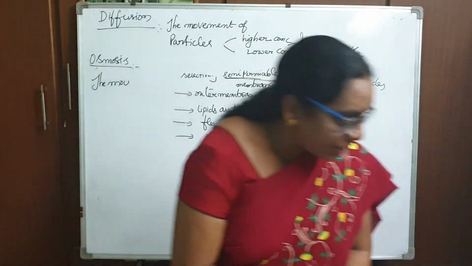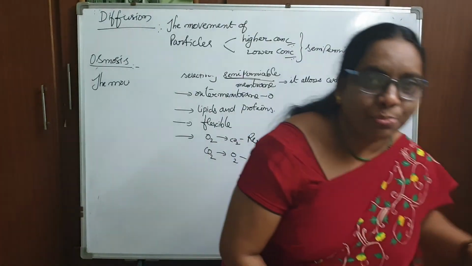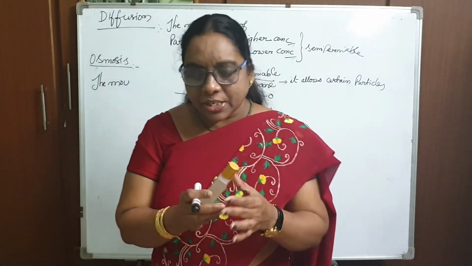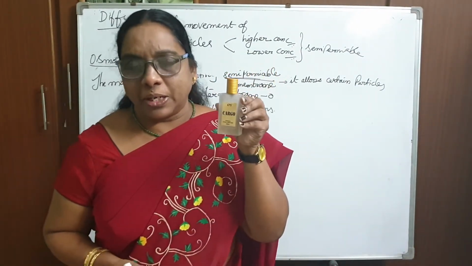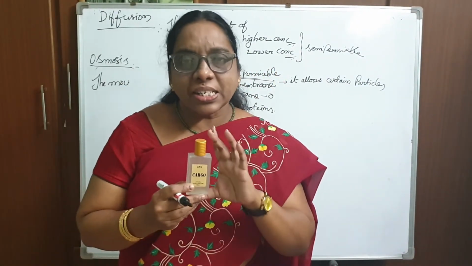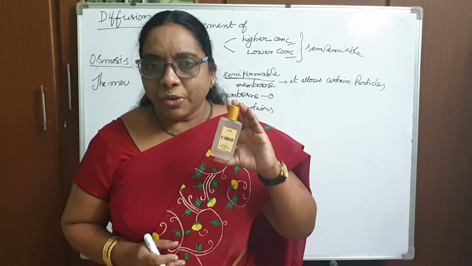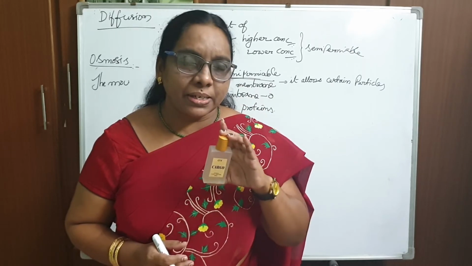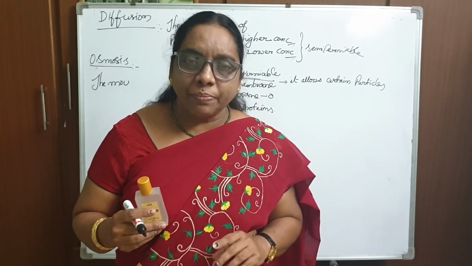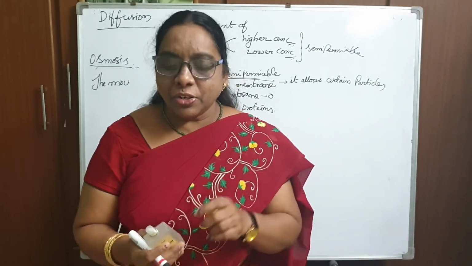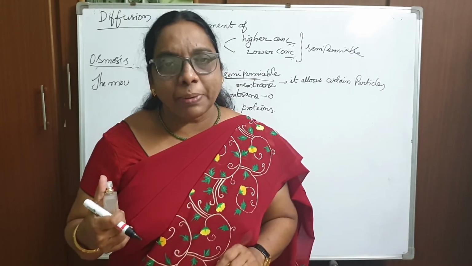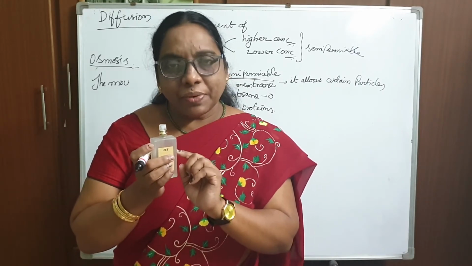Let me give general examples for diffusion and osmosis. Coming to diffusion, children, see this spray bottle. This bottle is filled with spray. Are you getting any smell? No, we don't get any smell when the spray is inside the bottle. When you open the lid and start using it, what happens?